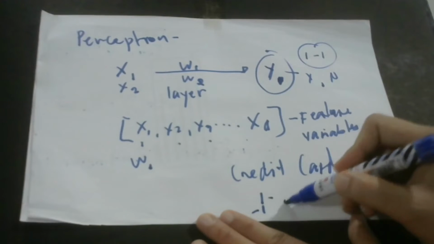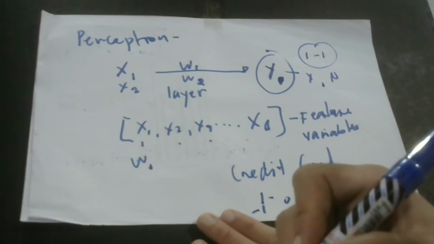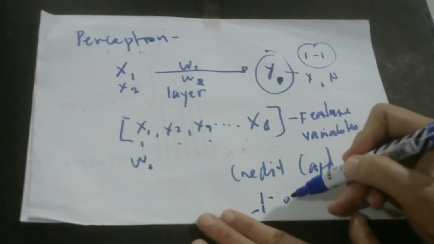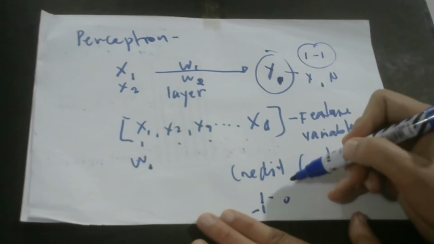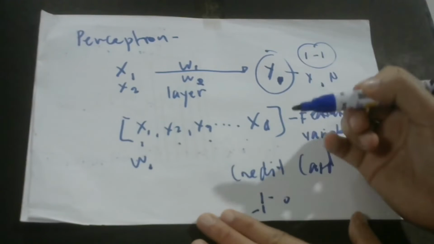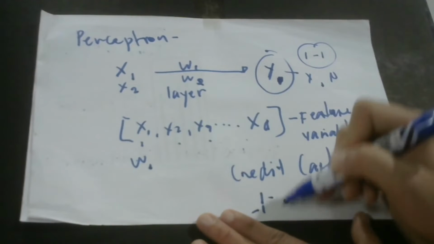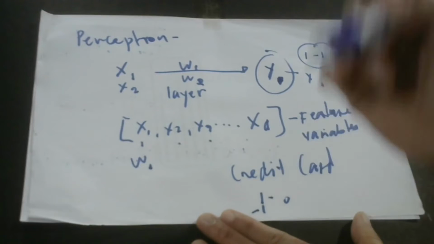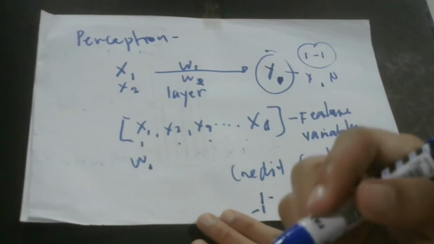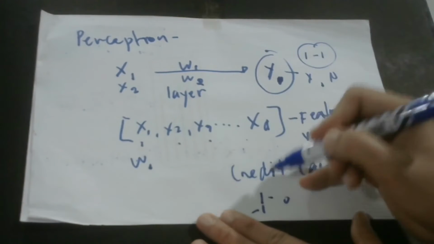When we say 0, that's very dubious, in between. As it is closer to 1, there is a higher possibility of fraud in the credit card transaction. And the closer it is to -1, there is a greater possibility that there is no fraud involved in a certain credit card transaction.